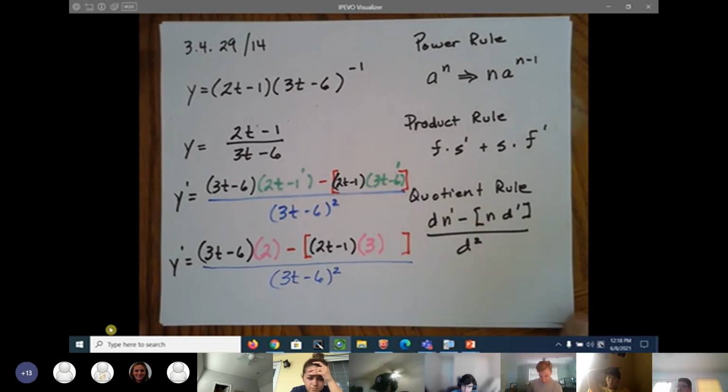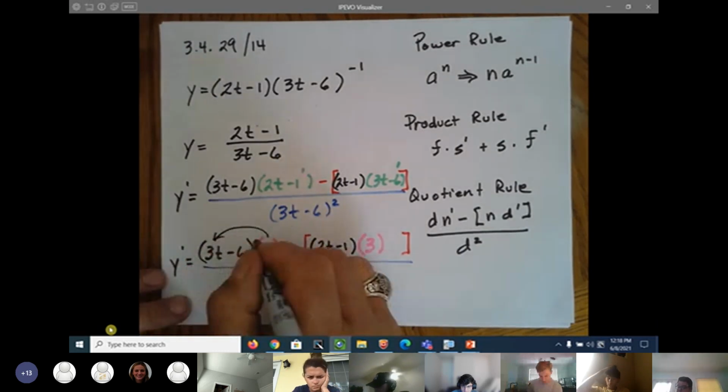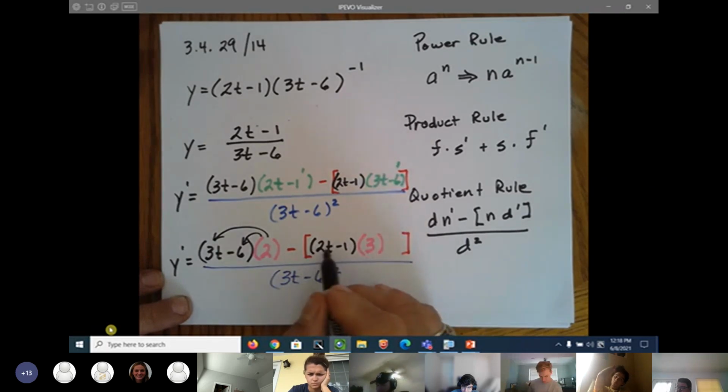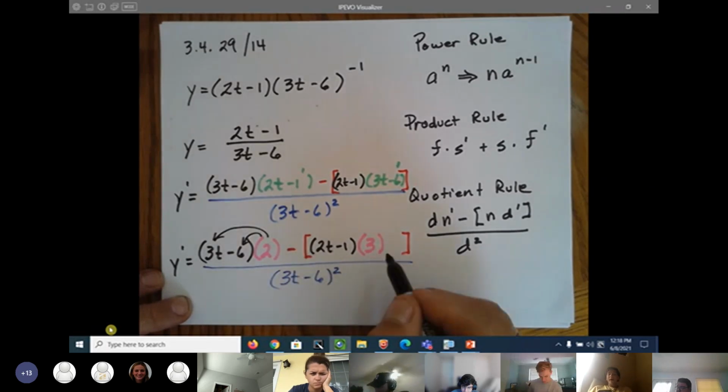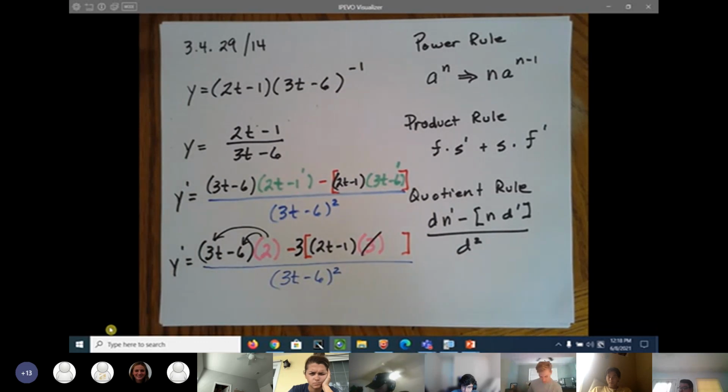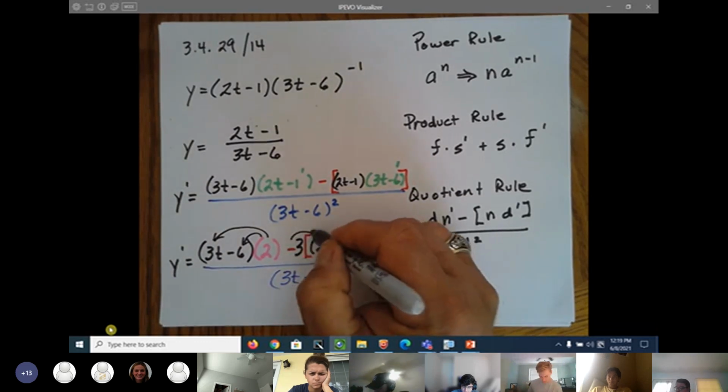All right, so I'm going to distribute that 2. And I'm going to put that 3 right here and make that a -3. I'm going to mark it out and put it right there, and distribute that -3 here and here.